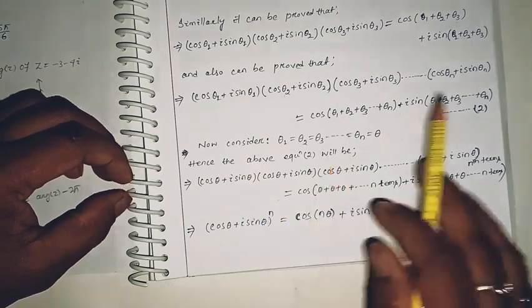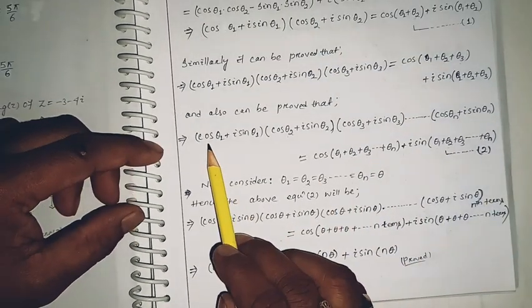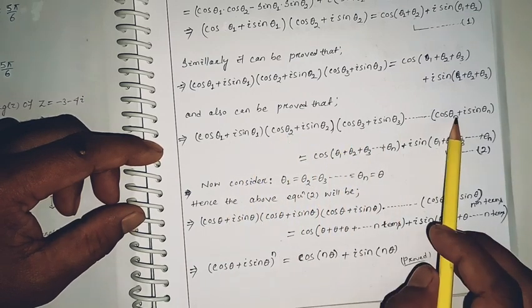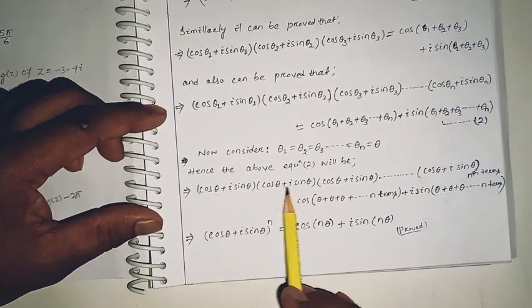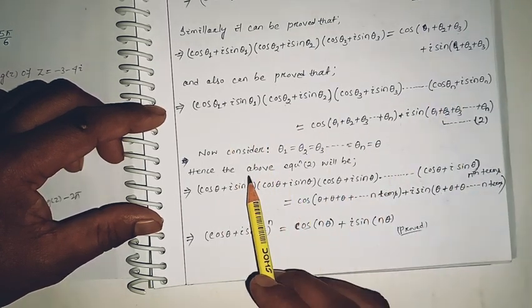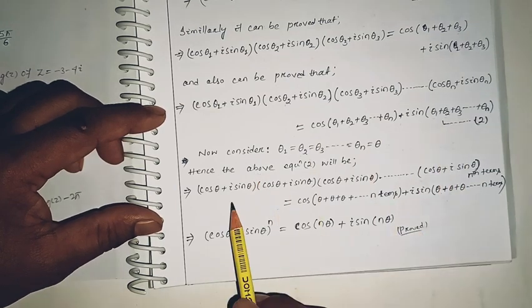If we consider equation number 2, instead of theta 1, theta 2, theta 3 up to theta n, we substitute theta. How many terms are on the left hand side of equation number 2? There are n terms.